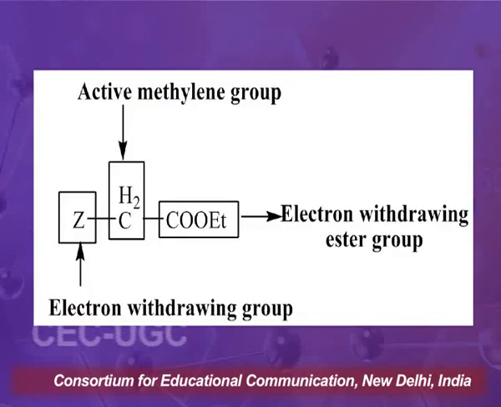I have depicted this in another manner, in which you can see a methylene group sandwiched between two electron withdrawing groups, in which the L1 electron withdrawing group is an ester group. And this other electron withdrawing group, which is Z, may be an acetyl group, a nitro group, or a cyano group.